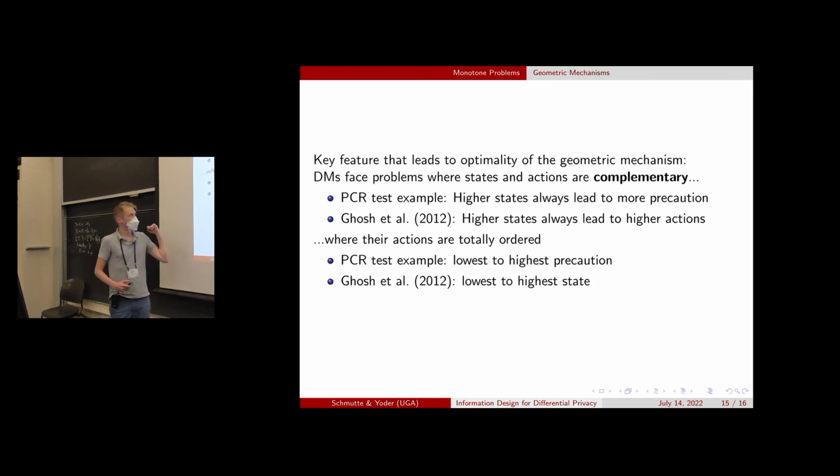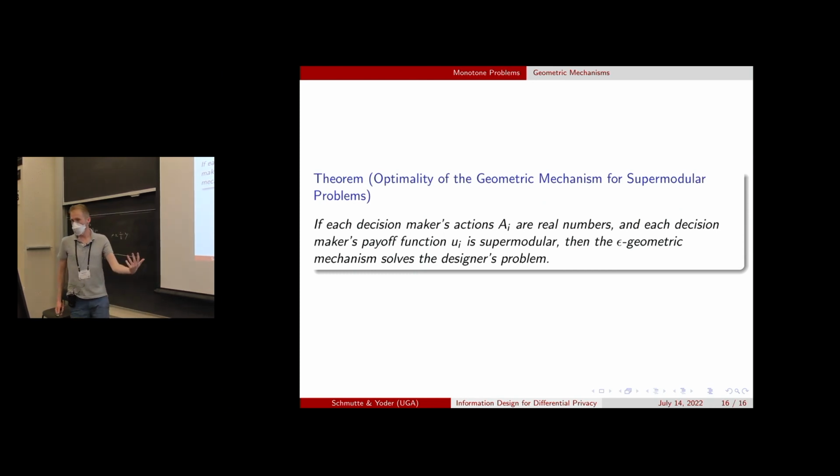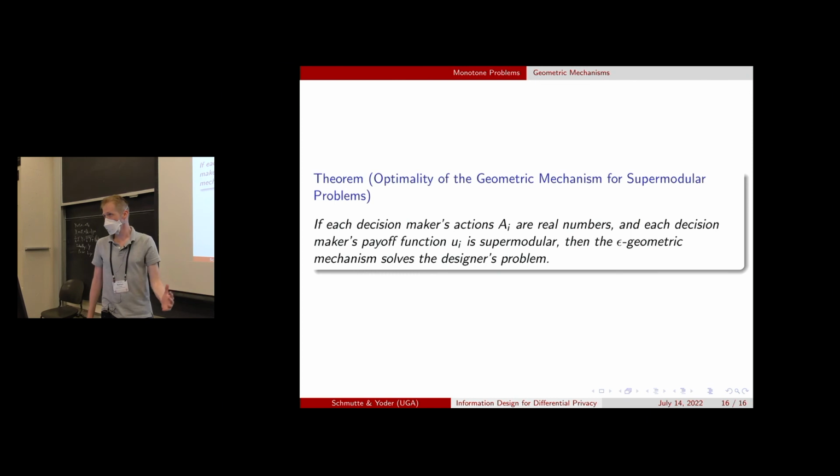Second, in both of these, we can order all of the actions from lowest to highest. So formally, our second main theorem says that if each decision maker's actions are real numbers, or equivalently, they're totally ordered, and each decision maker's payoffs are supermodular, then the geometric mechanism is always going to be optimal.